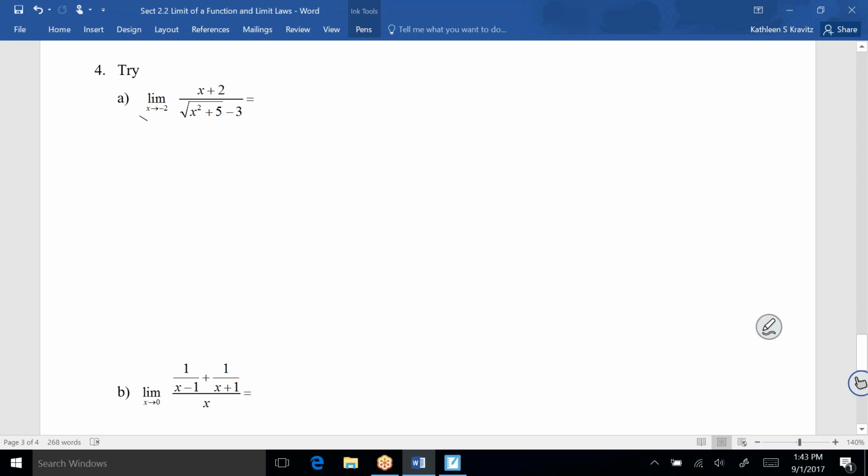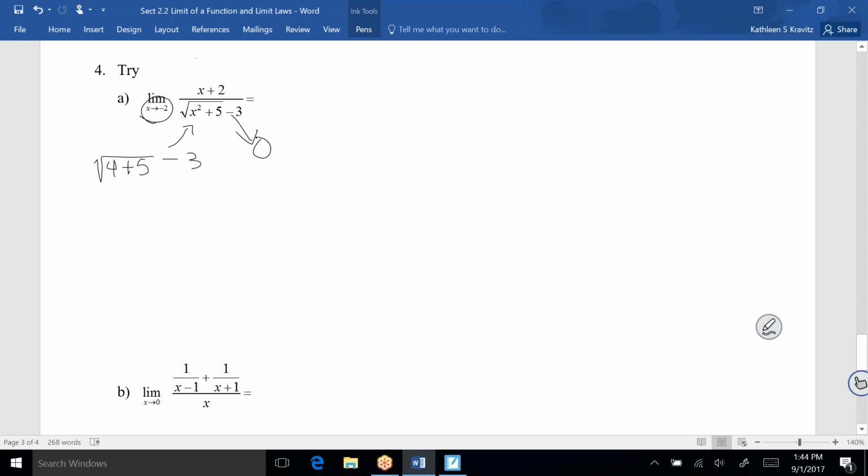Because when you try to plug in this -2 into this denominator the way that it is, you end up with a problem. You have the square root of 4 plus 5, which is 9, plus -3, and square root of 9 is 3, minus 3. This thing goes to 0, so that's a problem. So we want to get rid of that problem.